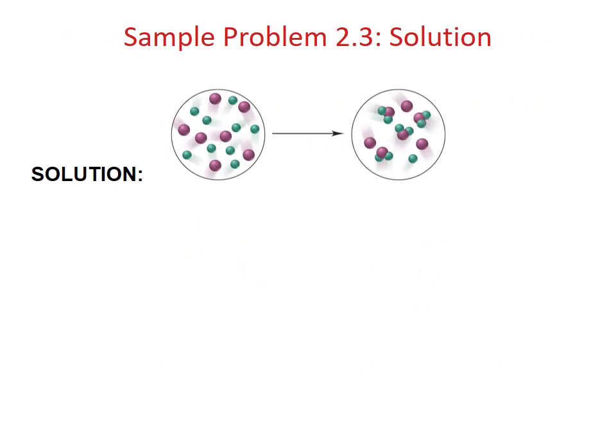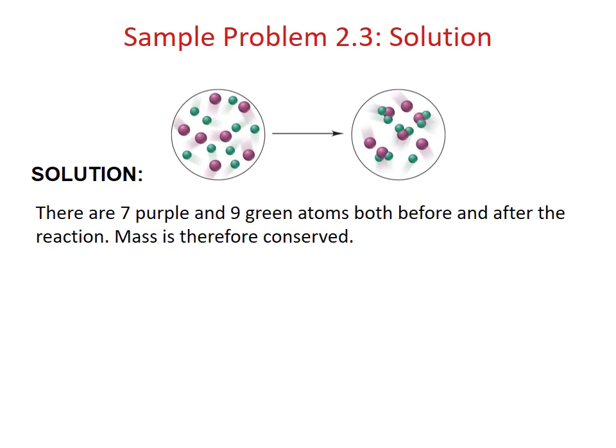If you compare the sample before and after reaction, you will find that we have 7 purple and 9 green atoms before reaction, and 7 purple, 9 green atoms after reaction. Even though after reaction some atoms combine to form molecules, the number of purple and green atoms does not change before and after reaction, and that illustrates the mass conservation.